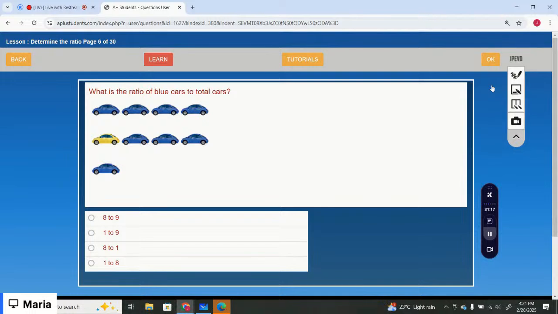That is 8 to 9. The total cars are 9. That is 8 to 9. Option number 1 is the correct option.